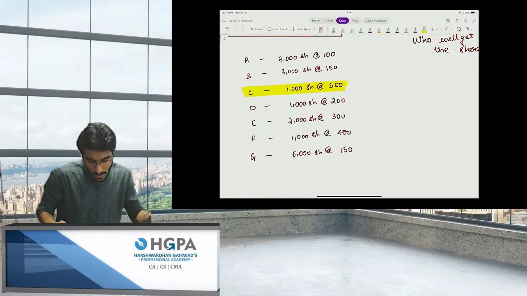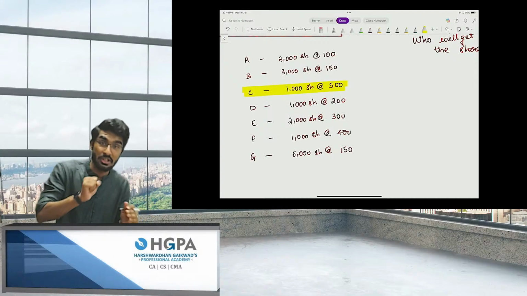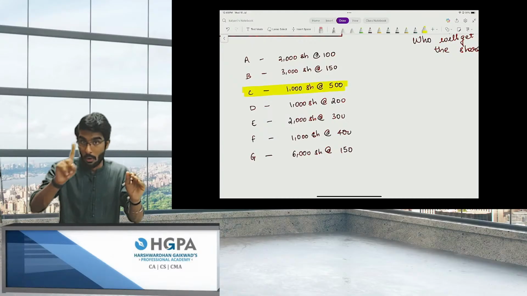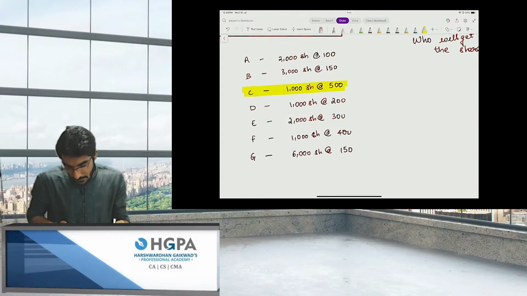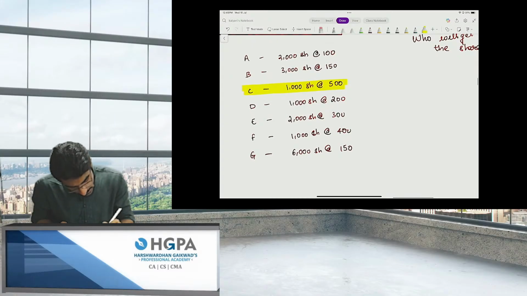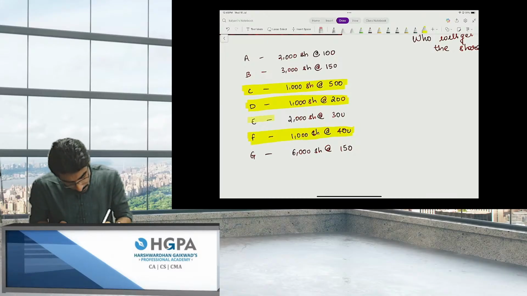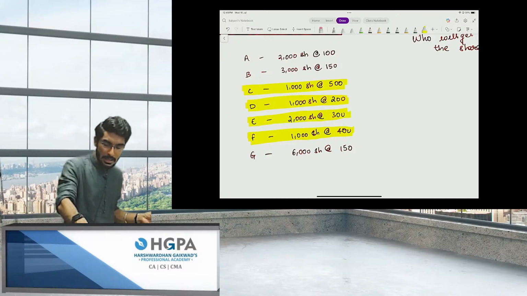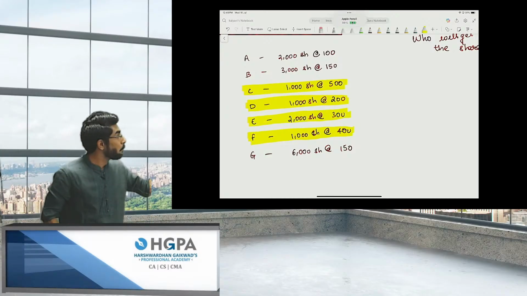Do you think anyone has offered to purchase shares more than 500 rupees? No. First is C. Then, before D, it will come F. F is willing to purchase 1000 shares at 400 rupees. Then E is willing to purchase shares for 300 rupees. And then D is willing to purchase for 200 rupees.